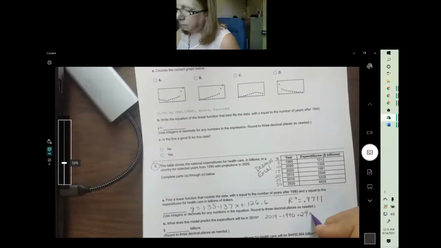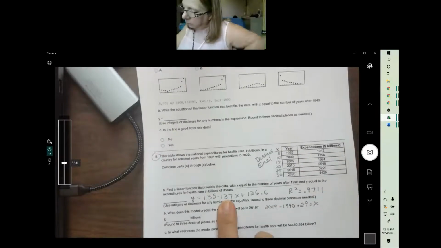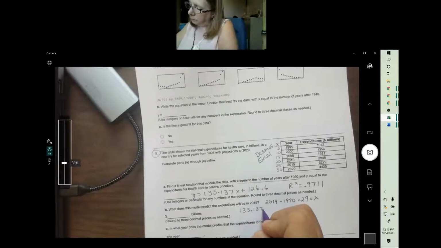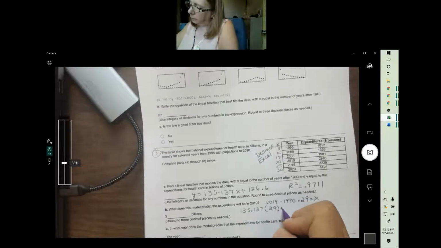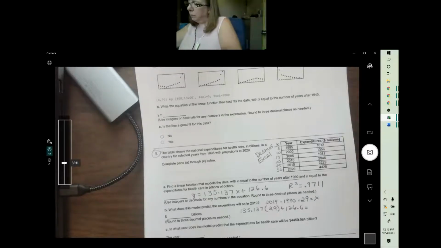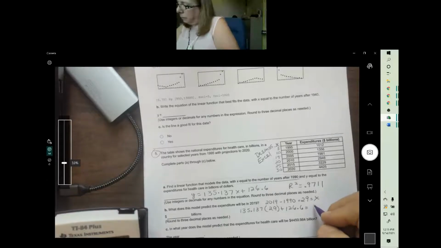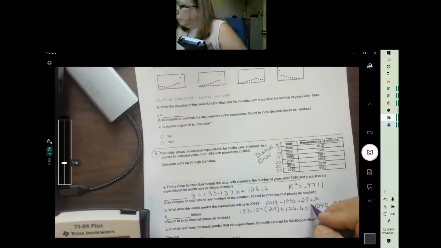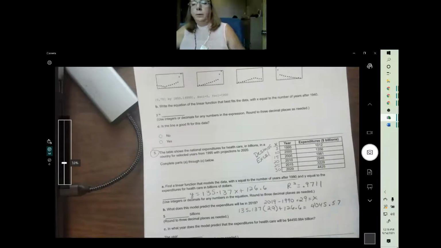We would plug 29 in for x. And it's in billions of dollars.